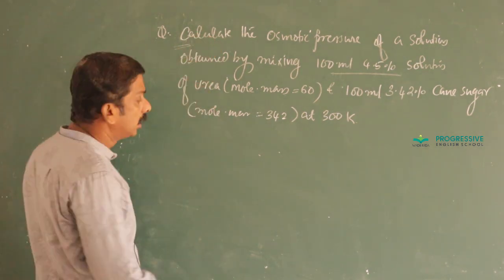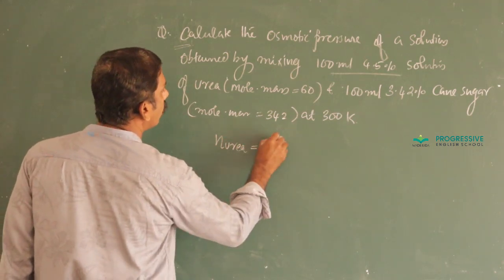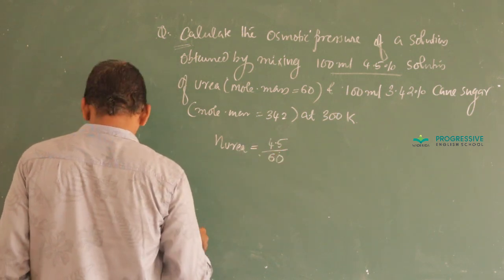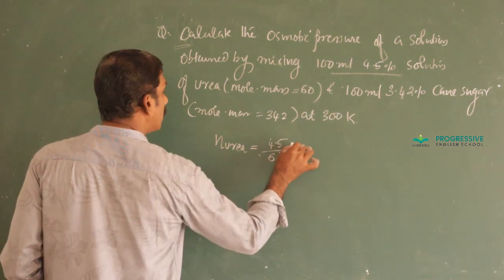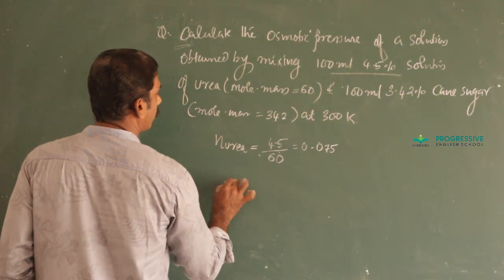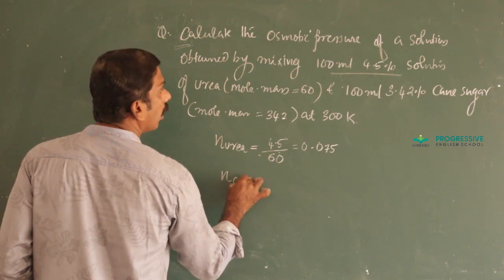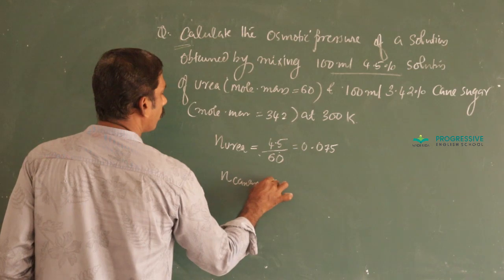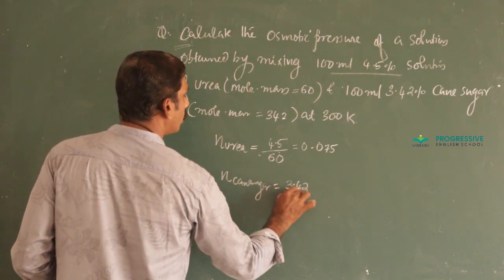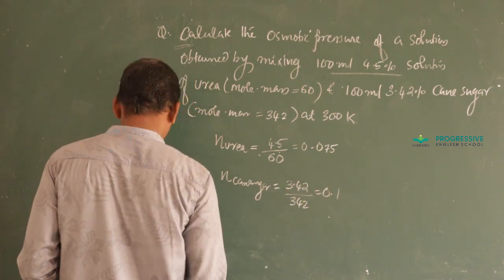Number of moles of urea equal to 4.5 divided by 60, that equal to 0.075. Number of moles of sucrose or cane sugar equal to 3.42 divided by 342, that is equal to 0.01.